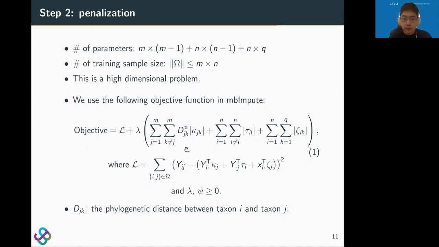So here is where we want to employ the phylogenetic information. If two taxa are closer in the phylogenetic tree, we want to have less penalty on that. Since djk depicts the phylogenetic distance between taxon i and taxon j, if those two are more evolutionarily connected, djk will have a smaller value.